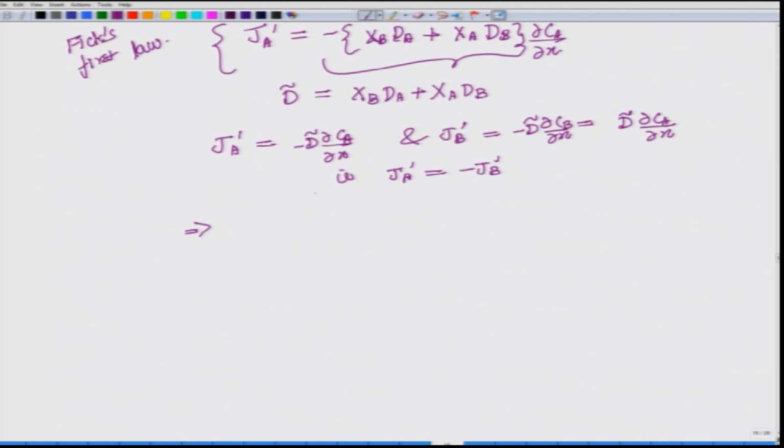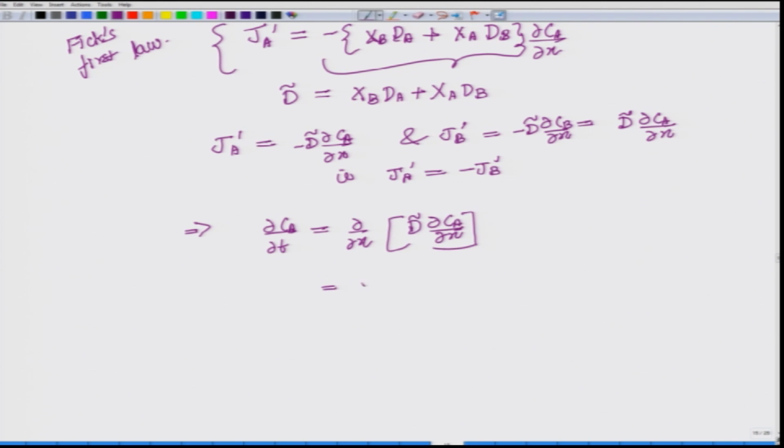And if you want to write the continuity law, it is similar, just that instead of D A or D B, here we will have the interdiffusion coefficient, and depending on whether it is constant or not, you can take it out.